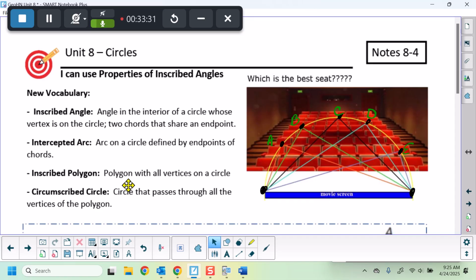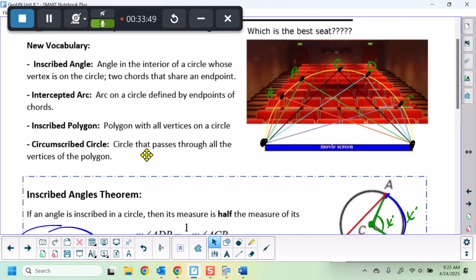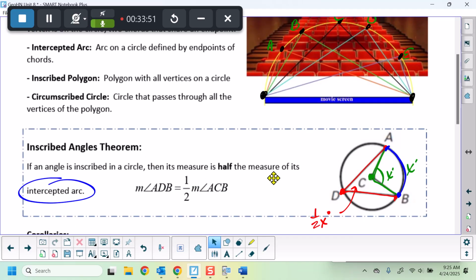Some new vocabulary for you: inscribed angle, intercepted arc, inscribed polygon, and a circumscribed circle. An inscribed angle is an angle in the interior of a circle whose vertex is on the circle, and it's created by 2 chords that share that same endpoint. So I want you to take a look at our inscribed angles theorem.